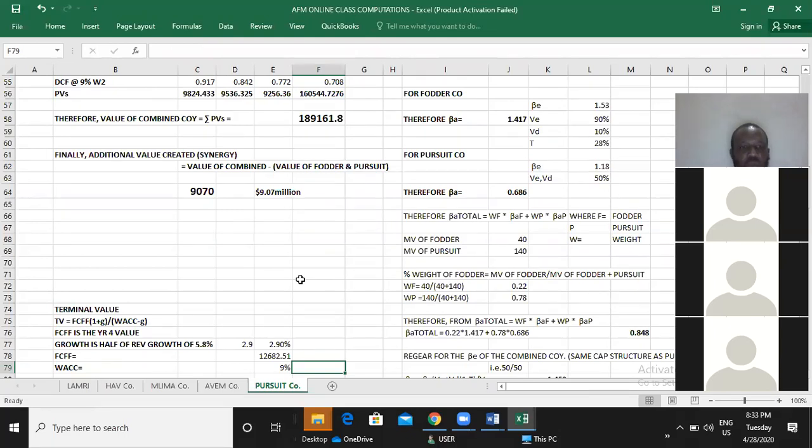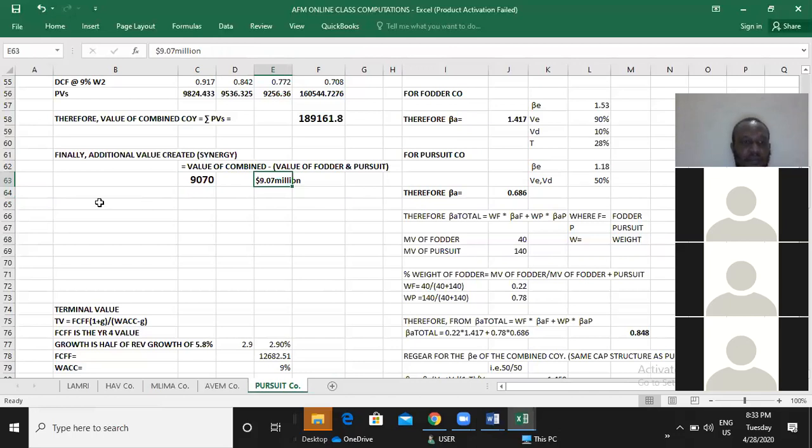Okay, so we're still on this now. So the synergy created from the combined company is this amount. So that's the synergy created. Now it means additional value, right?